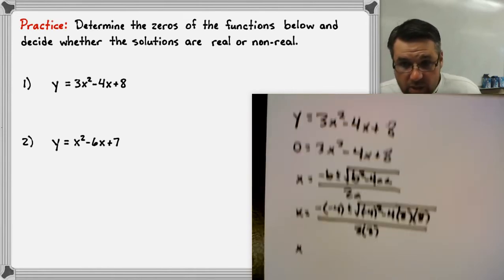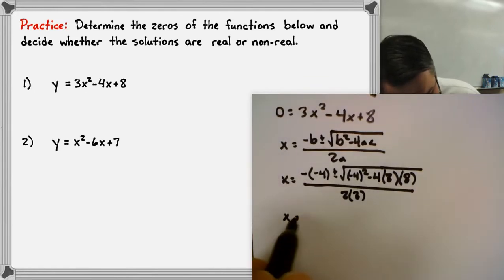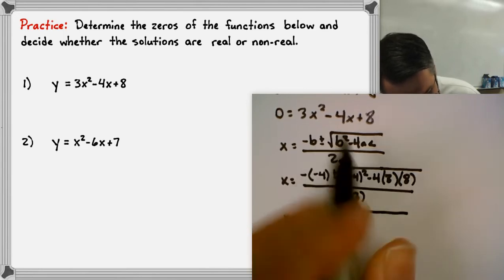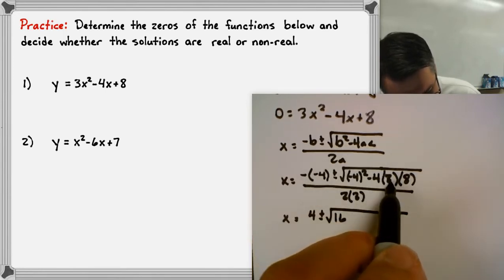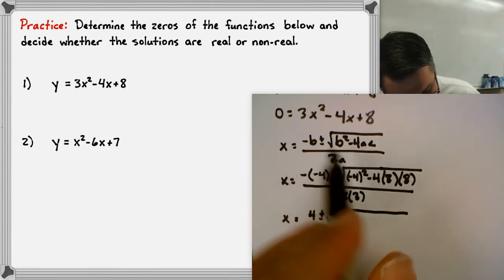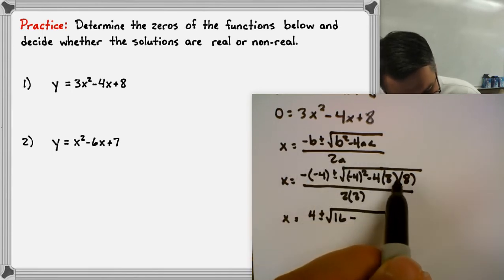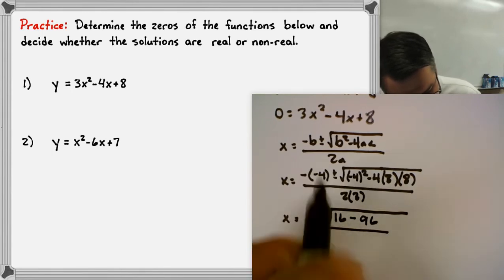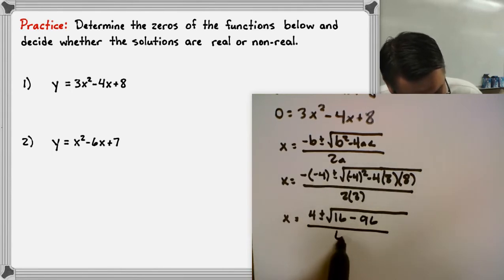Okay, so we can go ahead and simplify that. We'd end up with positive 4 plus or minus the square root of 16, negative 4 squared is 16, and then negative times a positive is a negative. 4 times 3 is 12, times 8 is 96, all over 2 times 3 is 6.